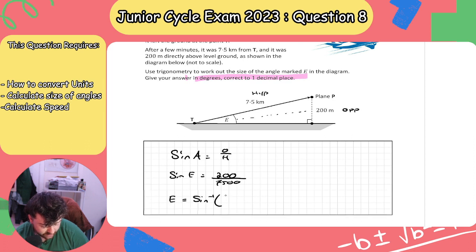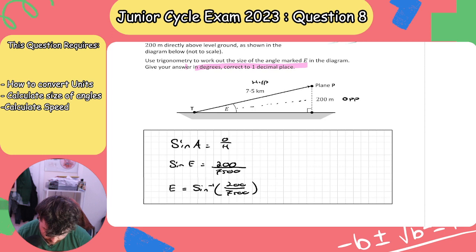So sine inverse of 200 over 7,500. We are going to get then the angle is equal to 1.5 degrees.